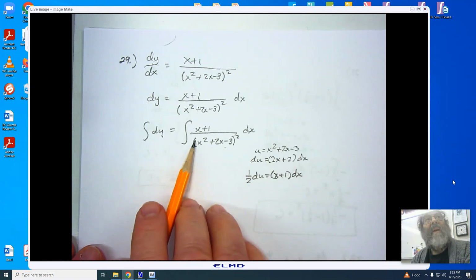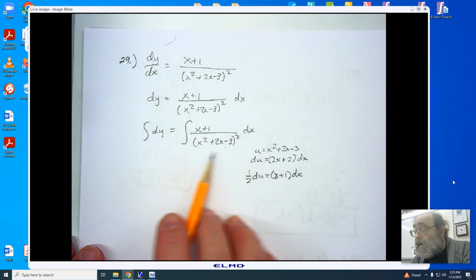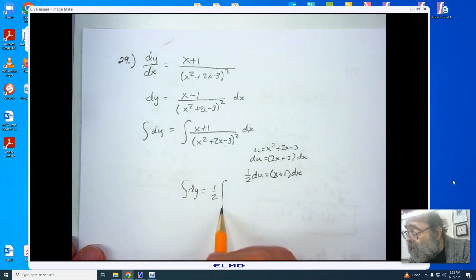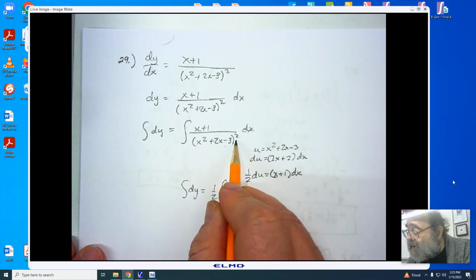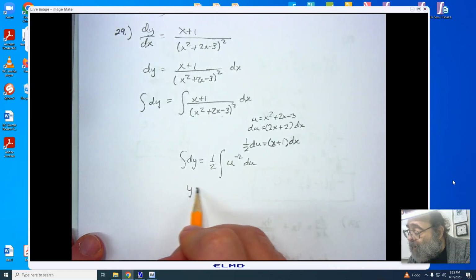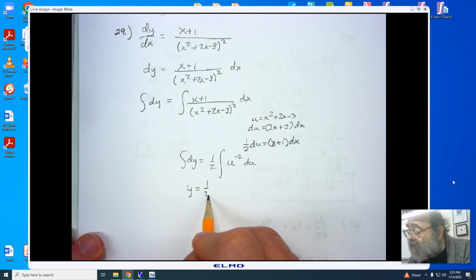And we can now see it here, and we're going to do our substitution. dy equals 1/2, and we now have this 1/2 du here. Let's put our u, it's in the denominator, so a negative second power, and y will now equal 1/2.